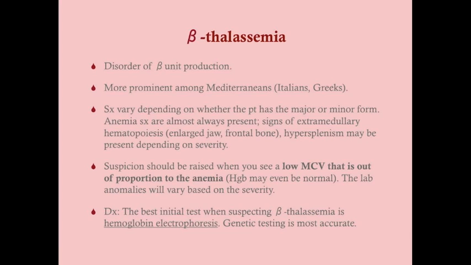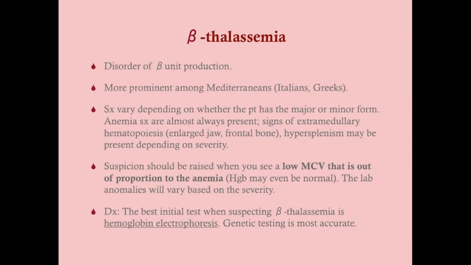So beta thalassemia, the symptoms, again, are going to depend on whether the patient has the major or minor form. Anemia symptoms are almost always going to be present. These patients can also have extramedullary hematopoiesis, so that frontal bossing and enlarged jaw, and they can also develop hypersplenism based on the severity.